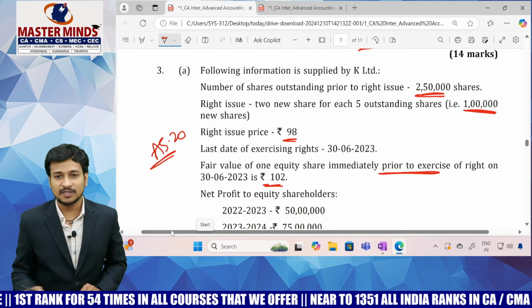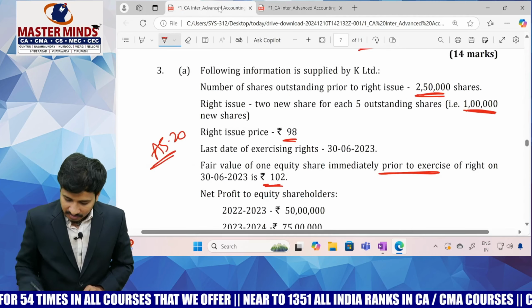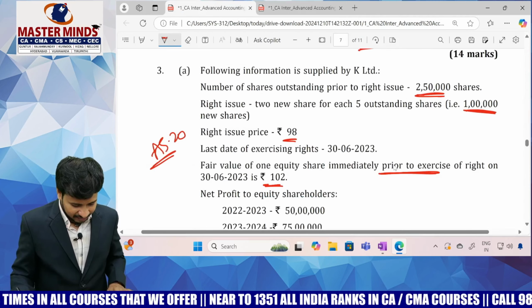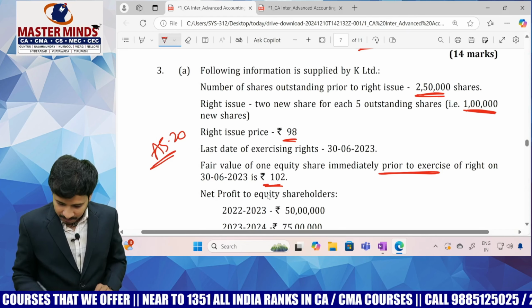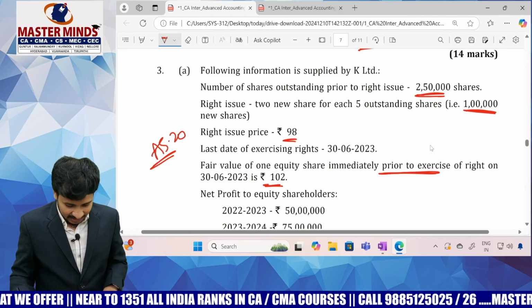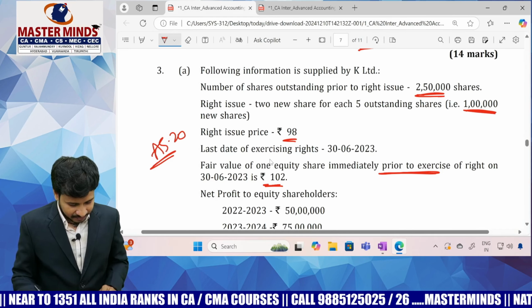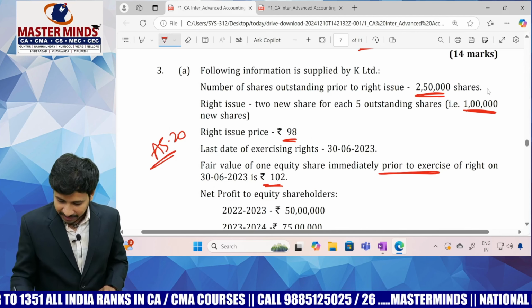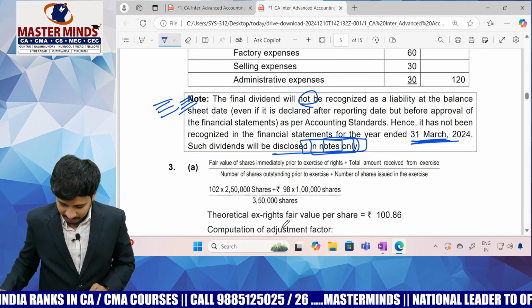So immediately just find the theoretical ex-rights price, which is nothing but original shares 2,50,000 into cum-rights price, that is 102. Next, rights shares 1 lakh into rights price, that is 98. 35 lakh 30,000 whole divided by total number of shares, that is 3,50,000.